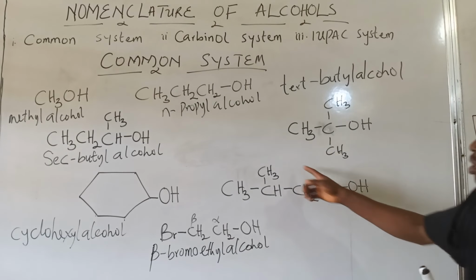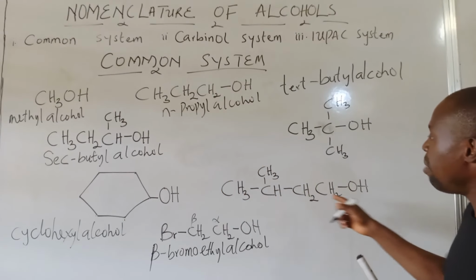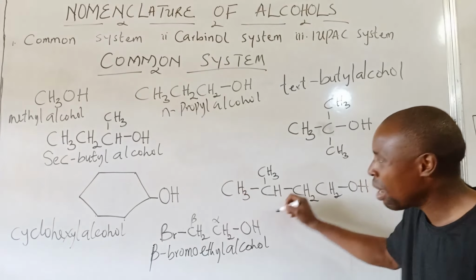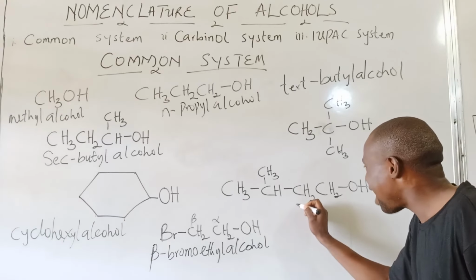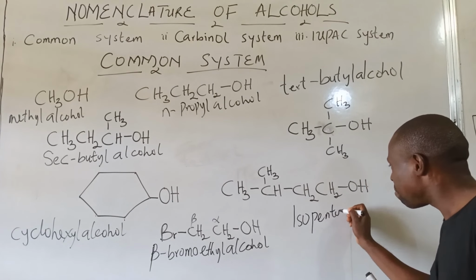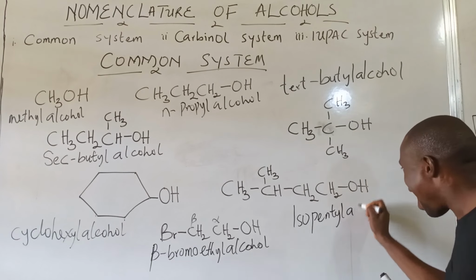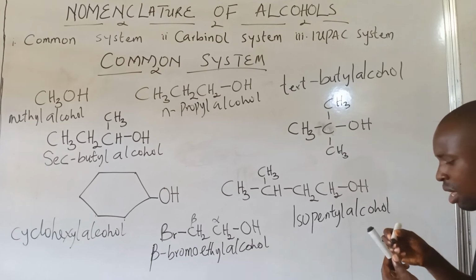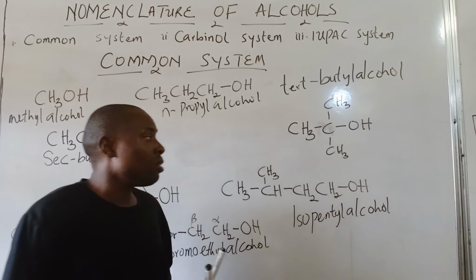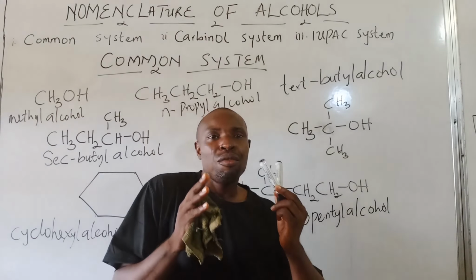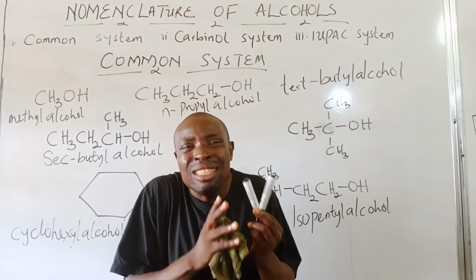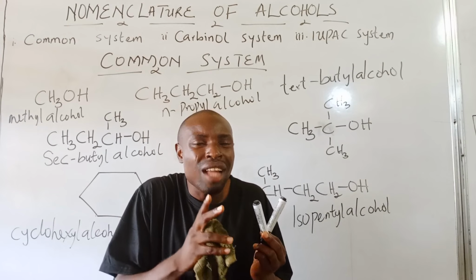Exactly. While in the case of this one, 1, 2, 3, 4, 5, and this is an iso compound. So it will be called isopentyl alcohol.